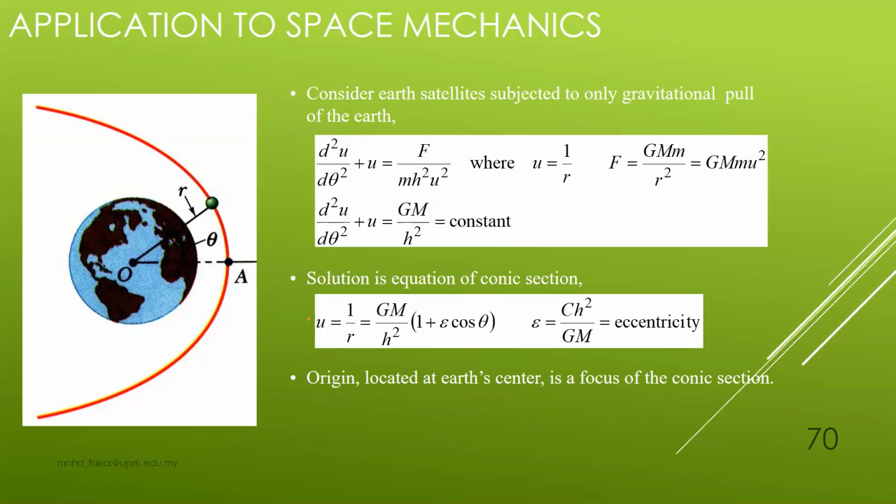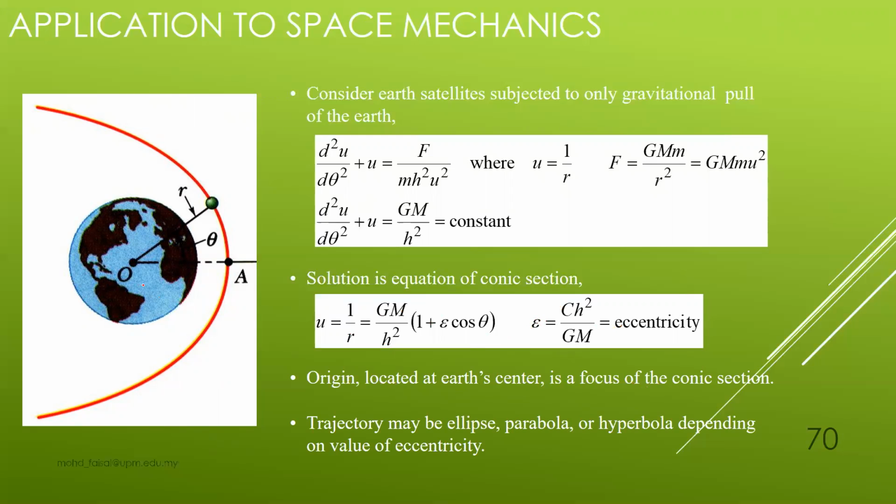Solution can be equated for this conic section like so, where you have this symbol here. That represents the eccentricity. Okay, the origin located at the Earth's center is a focus of the conic section.